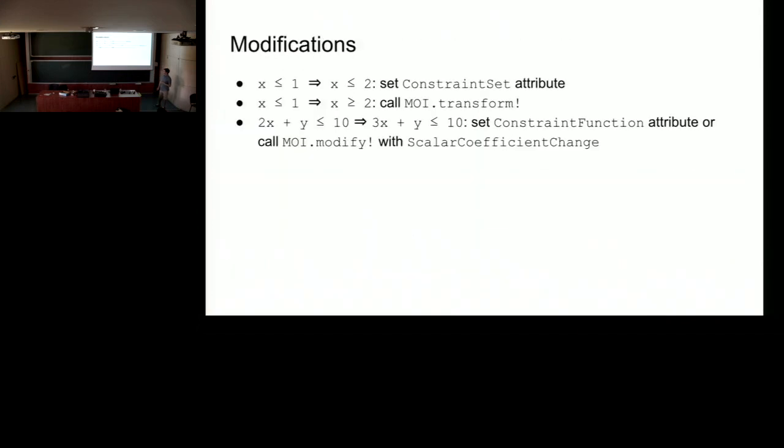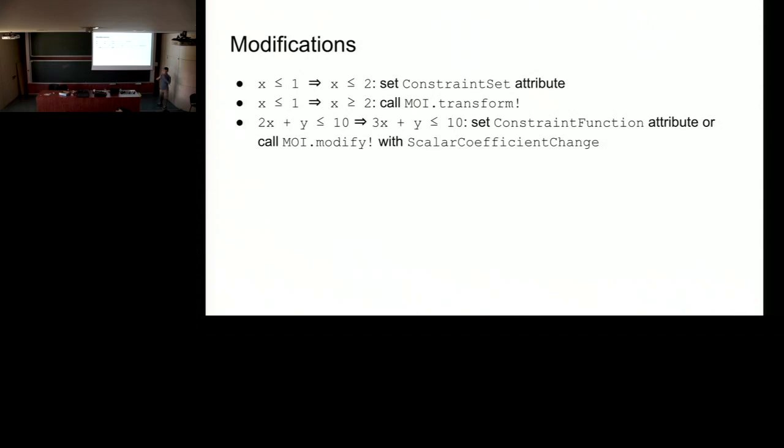Constraint modifications. I'll go through this quickly. There are a few different ways to modify things. Let's say you have a constraint x less than or equal to 1, and you want to change that to x less than or equal to 2.